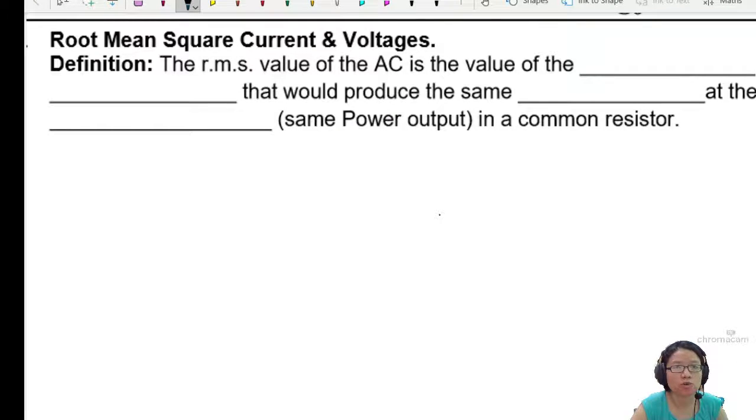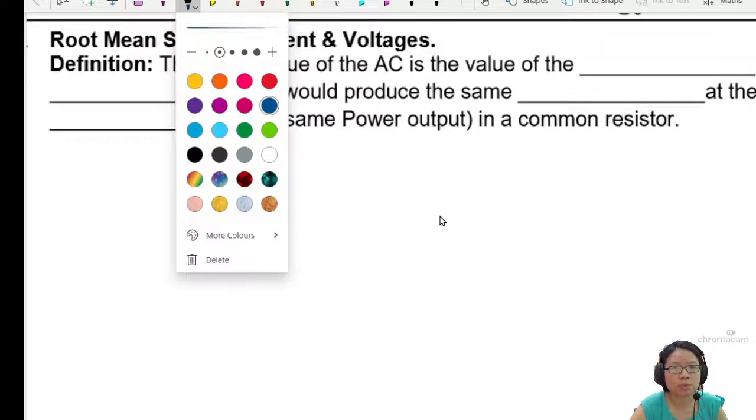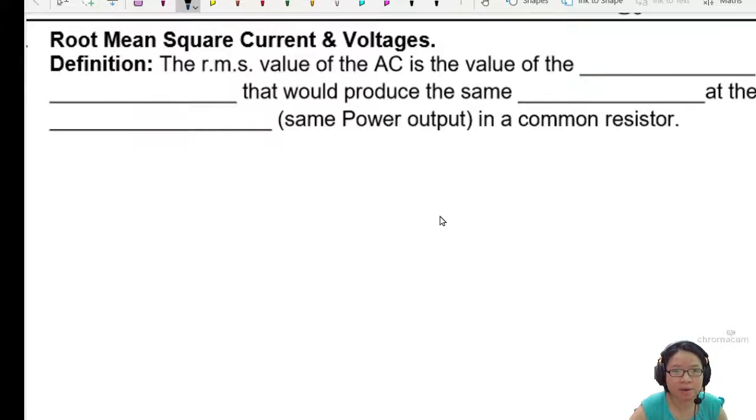So with that in mind, we will define the RMS value. Why is it called RMS? Maybe at the end of the video you will see how, but we are going to call this root mean square, RMS.